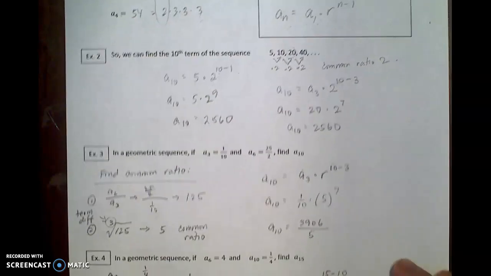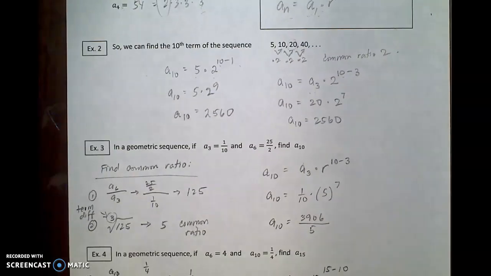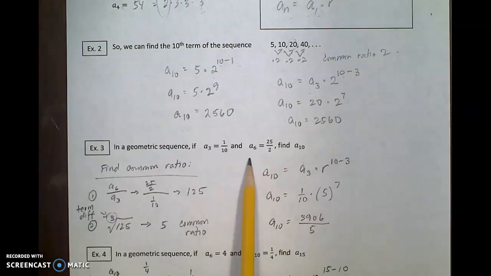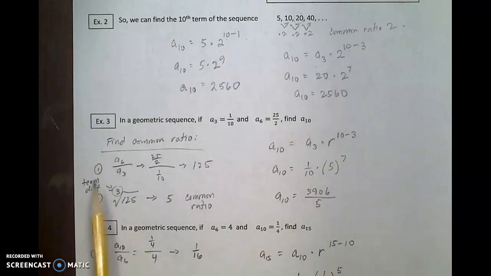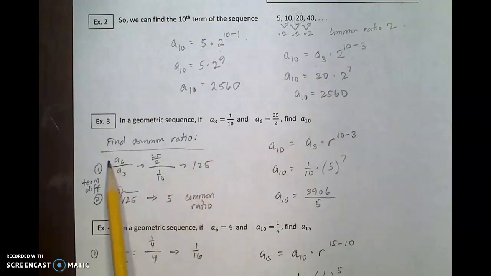Alright, so that's going to be helpful when we get to the next two examples. So here we're given the third term and the sixth term, and we want to find the 10th term. Alright, so the first thing we need to do is find the common ratio. There's two steps in finding the common ratio. First thing you're going to do is take the two terms you're given.